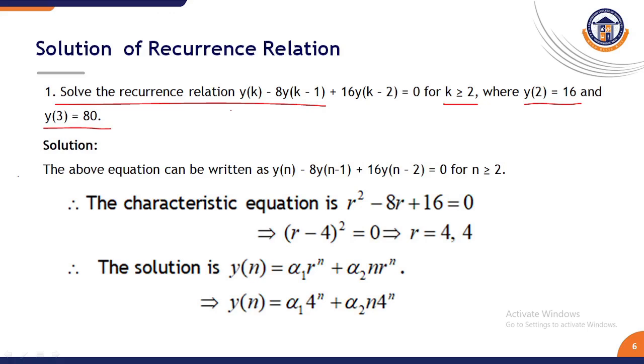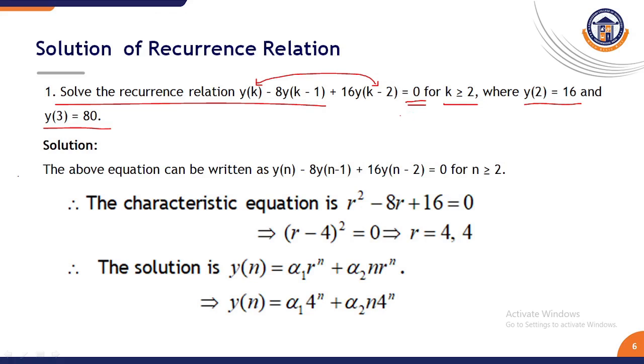Now check the order and the nature of the given difference equation. The difference between the highest and the lowest terms is 2. So it is a second order difference equation. And also there is no f of n term in the given equation. So it is a linear homogeneous equation.